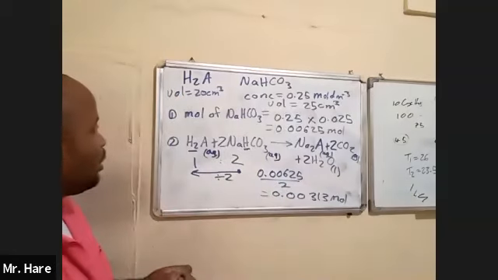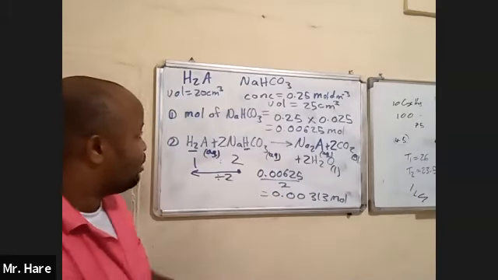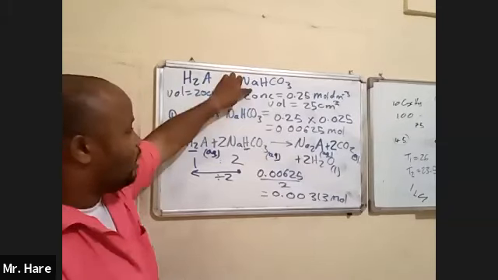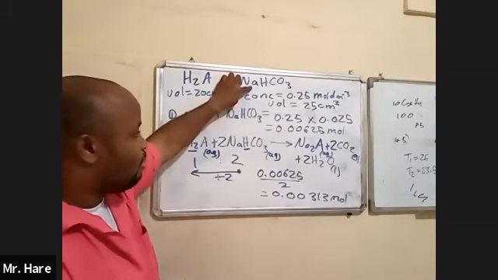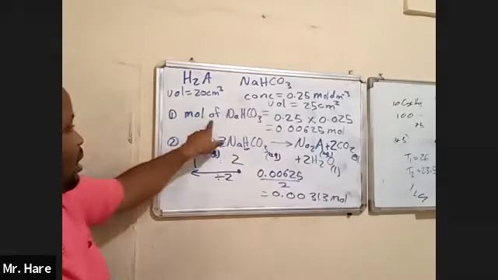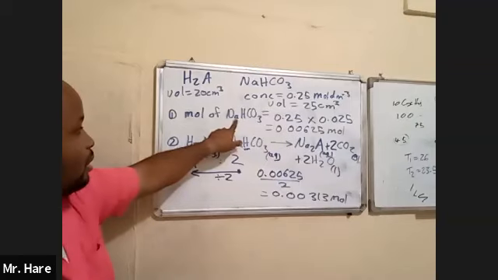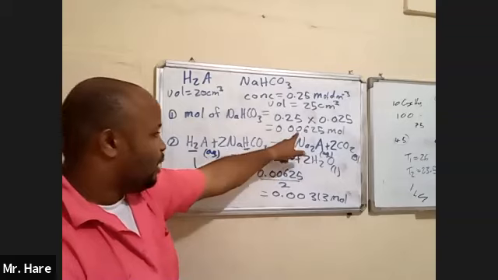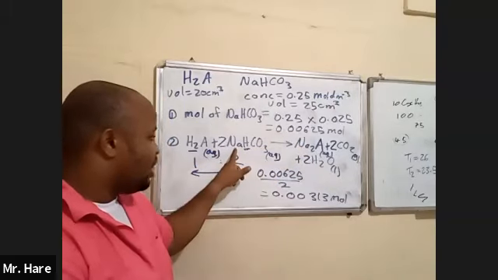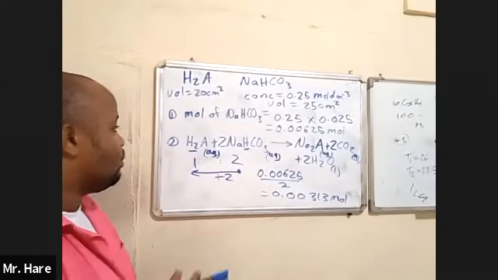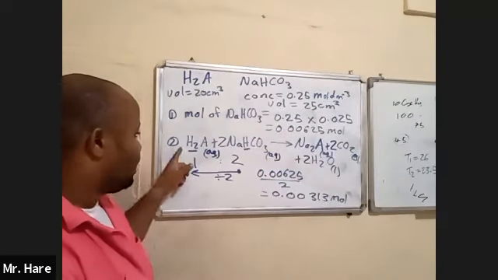So let us just look at what happened again. They gave us the concentration of the sodium hydrogen carbonate and the volume, and asked us to calculate the moles of it. We know that the mole is the concentration times the volume. They did not ask us to write a balanced equation, all they did was ask us to calculate the moles of the acid.